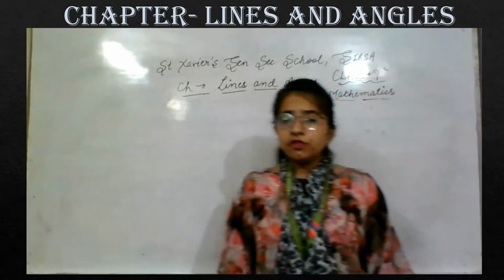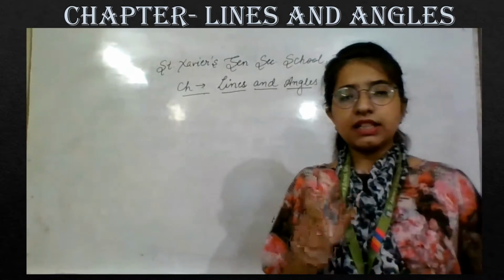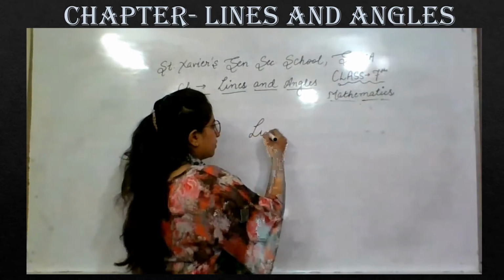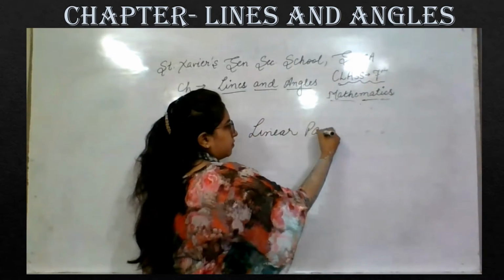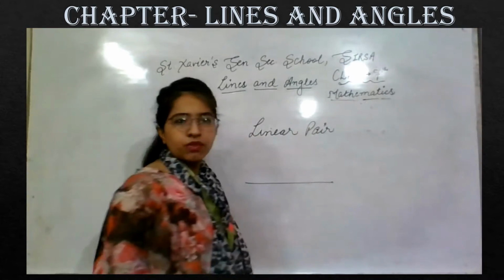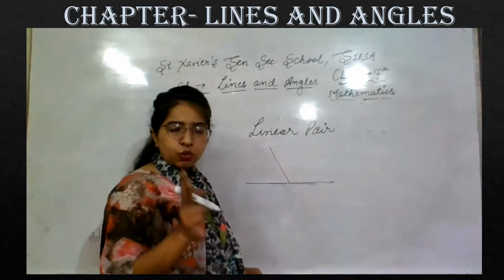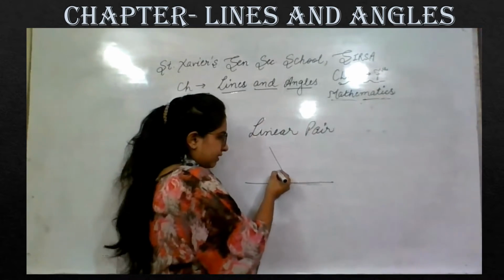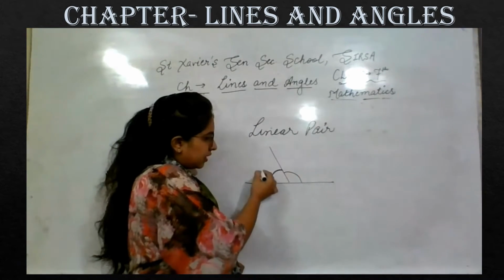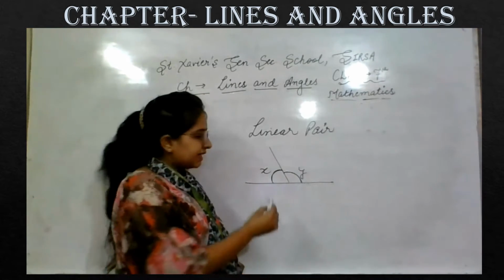So students, before starting question number 7, I would like to explain one more concept, that is linear pair. So what is linear pair, students? Listen to me carefully. When one line is given to you, and this is a transversal, two angles you can make on this line like this. These are two angles. First one, let it be x, and the second one y, and they are making a semicircle on the line.